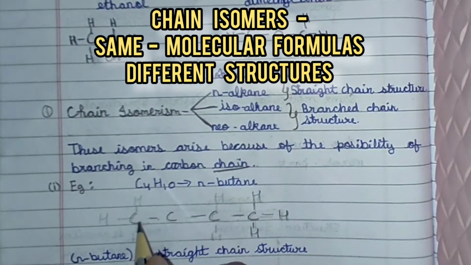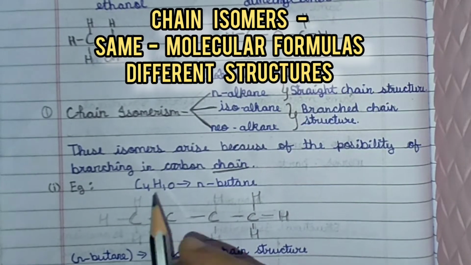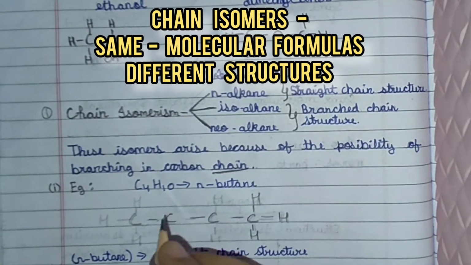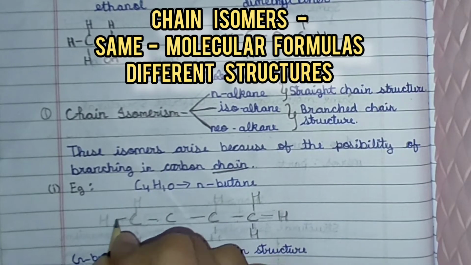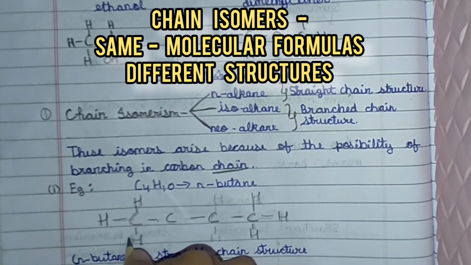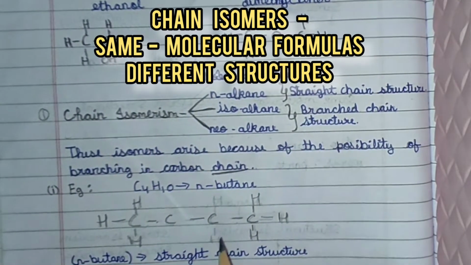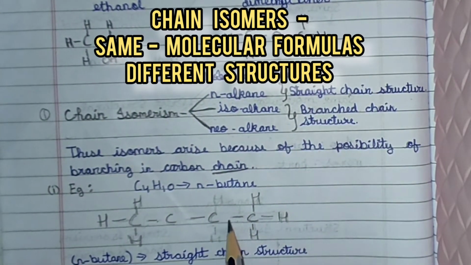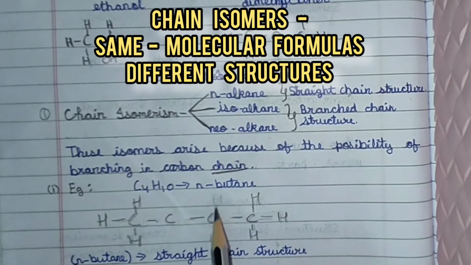Same thing we will do here. So this carbon atom already has one single bond with the other carbon atom. It needs 3 more. So done. Now the second carbon atom has one bond here and one bond here, so it needs 2 more.